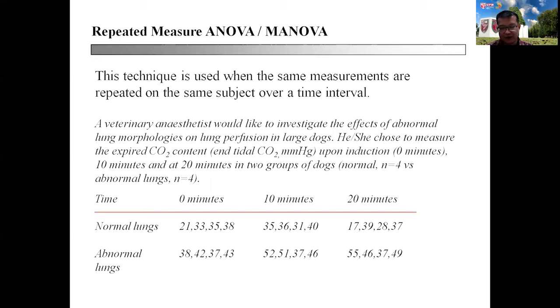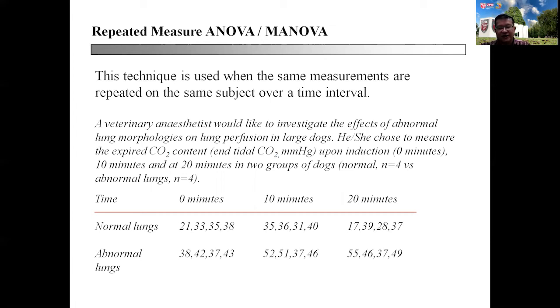The arrangement and logic will be more or less similar to the two-way ANOVA, in the fact that you will also be dealing with multiple factors in this case. So look at this example. A veterinary anesthetist would like to investigate the effects of abnormal lung morphologies on lung perfusion in large dogs.